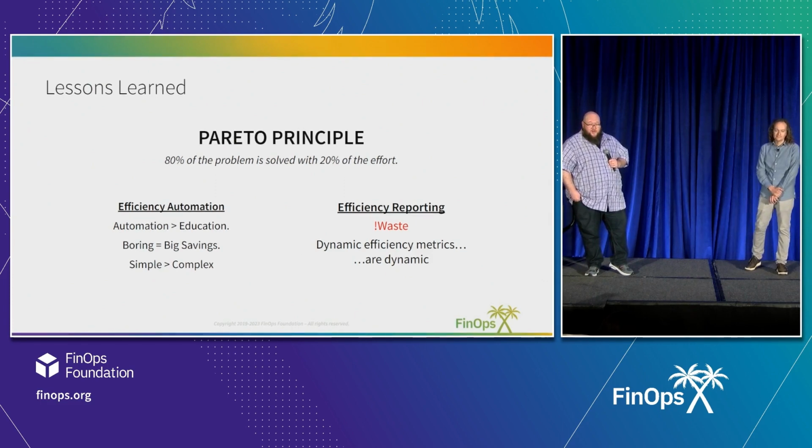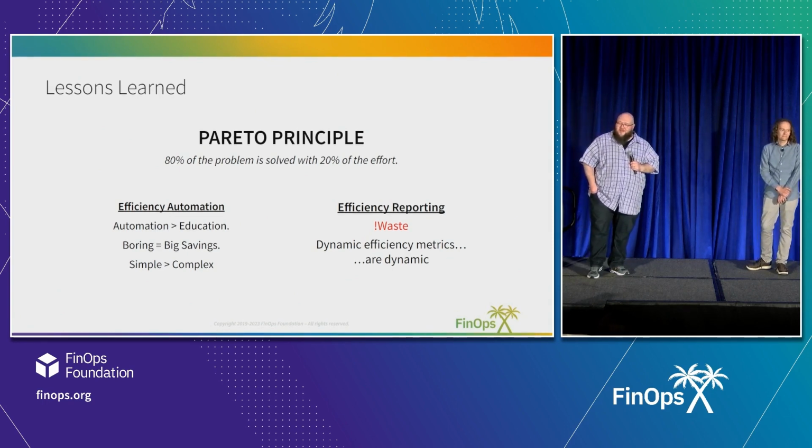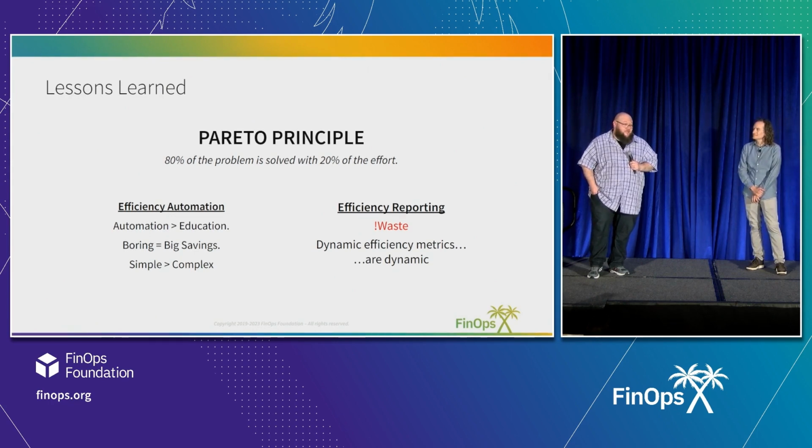On the efficiency reporting, I mentioned, I hate the word waste. And the reason why is it creates a narrative, right off the bat from leadership that there's a problem that needs to be solved. And I believe pretty strongly that idle resources in the cloud are neither bad nor good, especially they're not bad if you're making a deliberate decision around it.